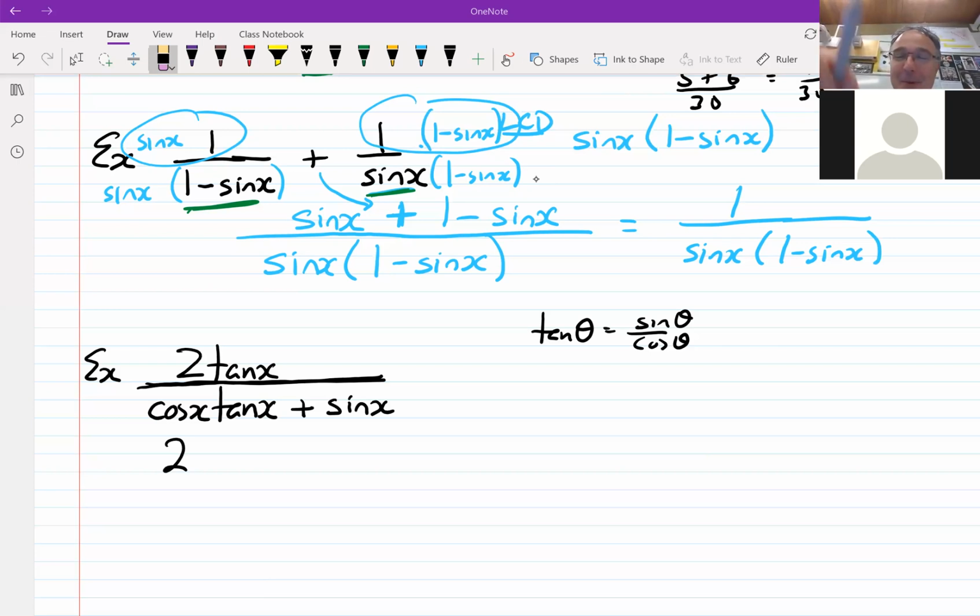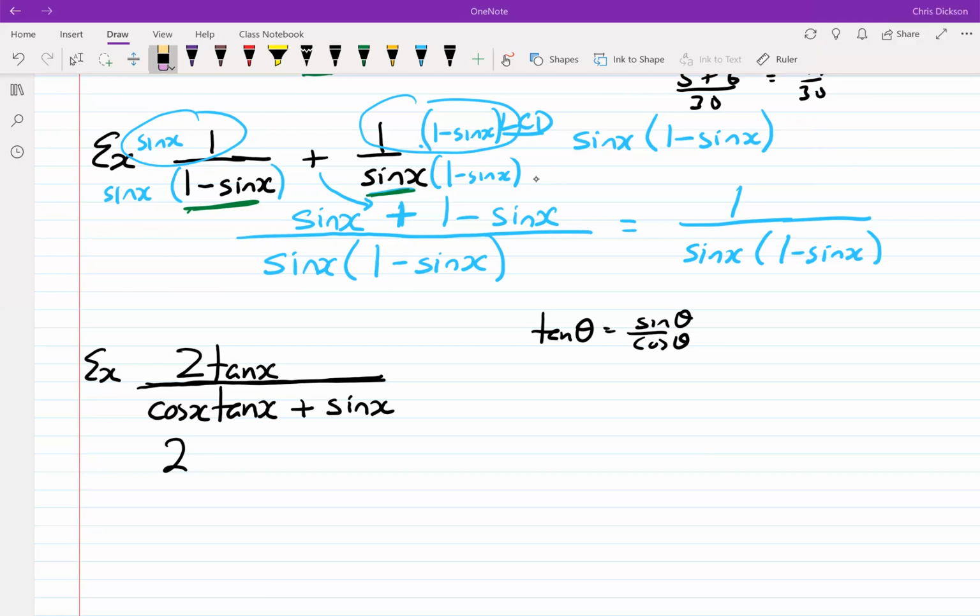Okay, I'm going to turn my video off because I've been looking at my forehead. So let's take a look. We got tan theta, which is sine over cos. So we have 2 sine x all over cos x on the top, and the bottom would be cos x times sine x over cos x plus sine x.